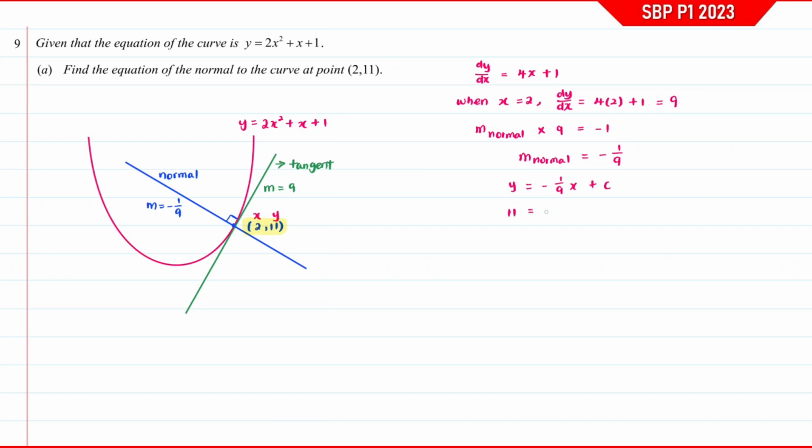So 11 equal to -1/9 times 2 plus c. Then c will equal 11 plus 2/9, which is equal to 101/9. Then the equation for the normal will be y equal to -1/9 x plus 101/9.